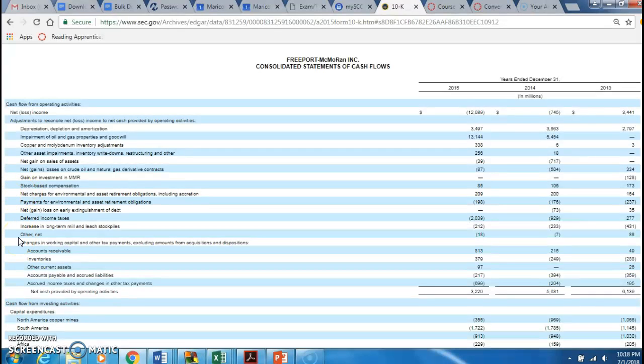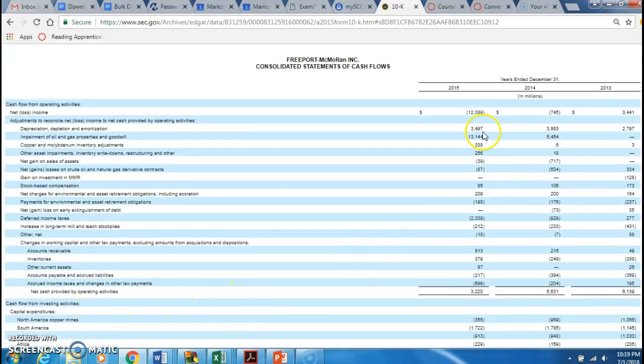So the next category of adjustments begins with changes in working capital. They are indented here, and the title says changes in working capital. And working capital consists of current assets and current liabilities. So the accounts listed below here are actually current asset and current liability accounts. The last line in this section is the net cash provided by operating activities.